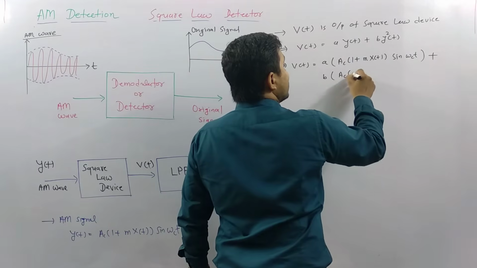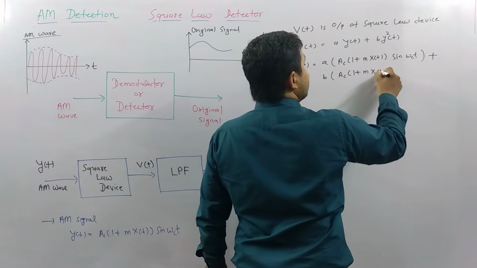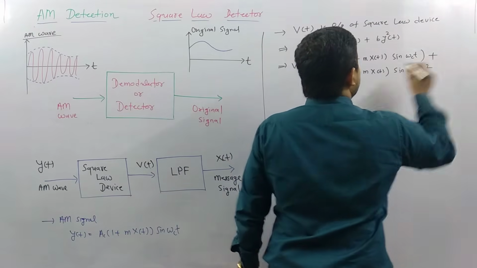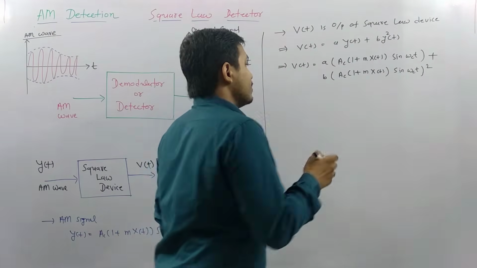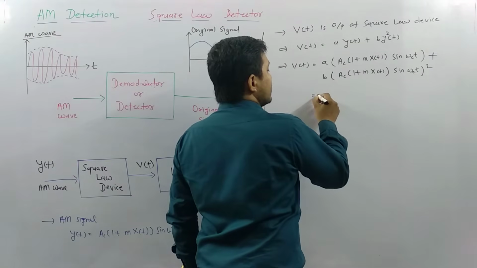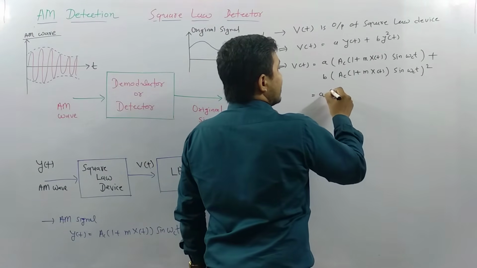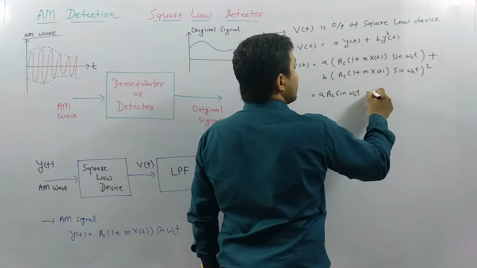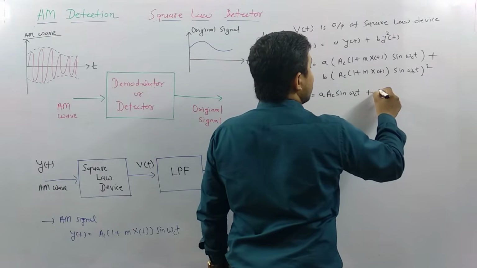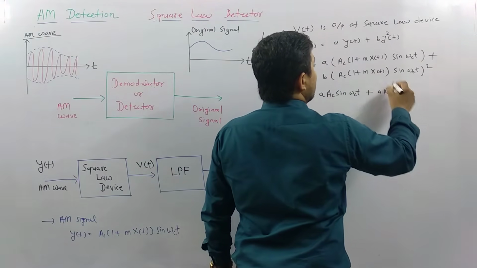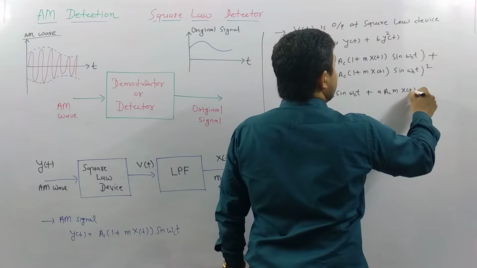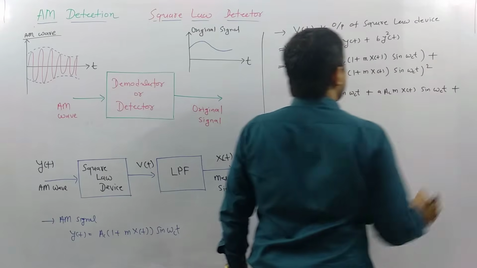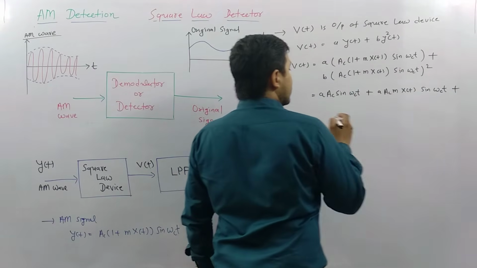So that is AC 1 plus MXT into sine omega CT and whole square. Now let us simplify this. So this will be A into AC sine omega CT plus AAC into M XT sine omega CT plus, now let us simplify this term.